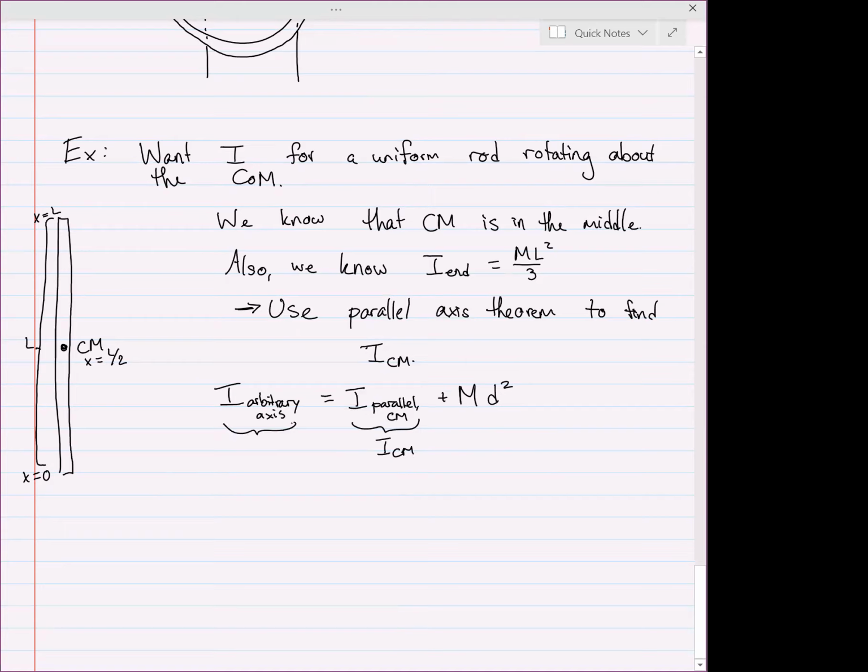This other axis we can choose arbitrarily, so let's choose this to be I_end. Then this distance is the distance from the end to the middle. So we would have I_end equals I_CM plus m times (L over 2) squared, because the distance from the end to the middle is L over 2.